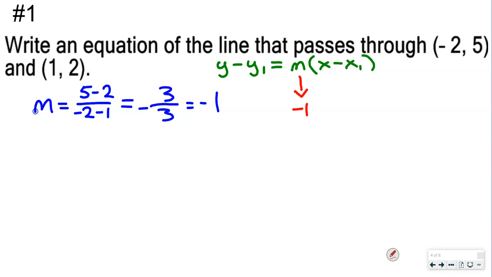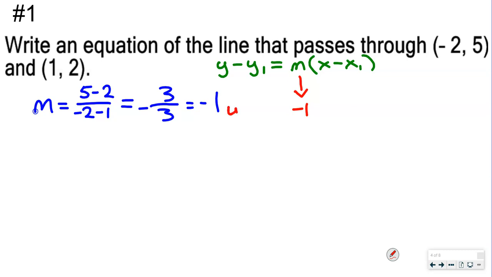We also have the points -2, 5 and 1, 2. So we just need to pick one of those. All we need is 1 point and the slope. So let's use our point 1, 2.